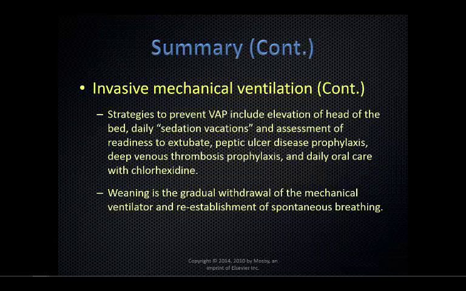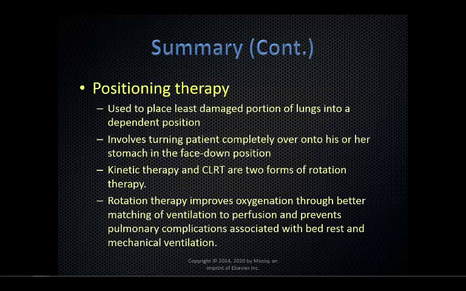Strategies to help prevent VAP include sedation vacations, peptic ulcer prophylaxis, deep vein thrombosis prophylaxis, oral care, and subglottic suction. And weaning is a gradual process of removal from the mechanical ventilator, and we need to make sure that the patient can withstand a spontaneous breathing trial prior to initiating weaning.